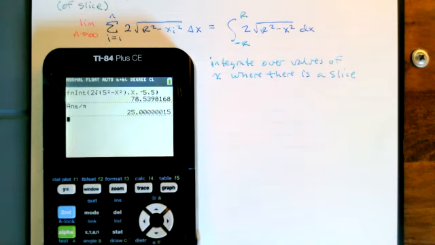Divide that by pi and we get 25, exactly what we expected. The little bit at the end, that's because we rounded things off.